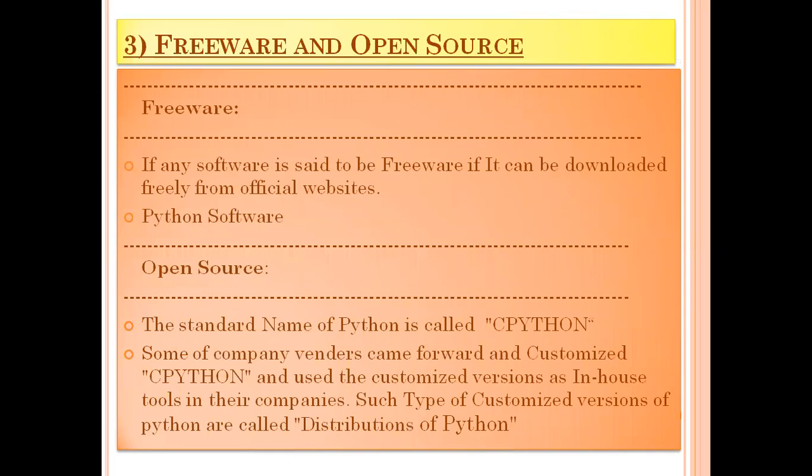Now, third, freeware and open source. What is freeware? If any software is said to be freeware, it can be downloaded freely from the official website. You need not pay anything for that. For Python software, as I've already told you, you have to go to www.python.org.